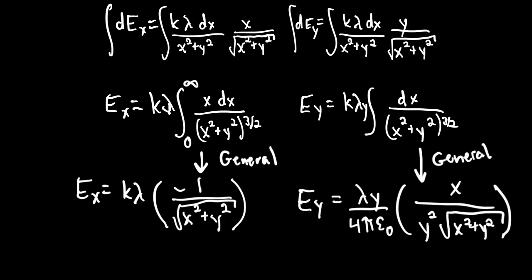Witchcraft, wizardry. People have calculated it for us, so we don't. Is there a reason you put the 4 pi epsilon naught sub k on that one? That's what I did in my solutions, so I just copied it down. Yeah, that just makes sense.